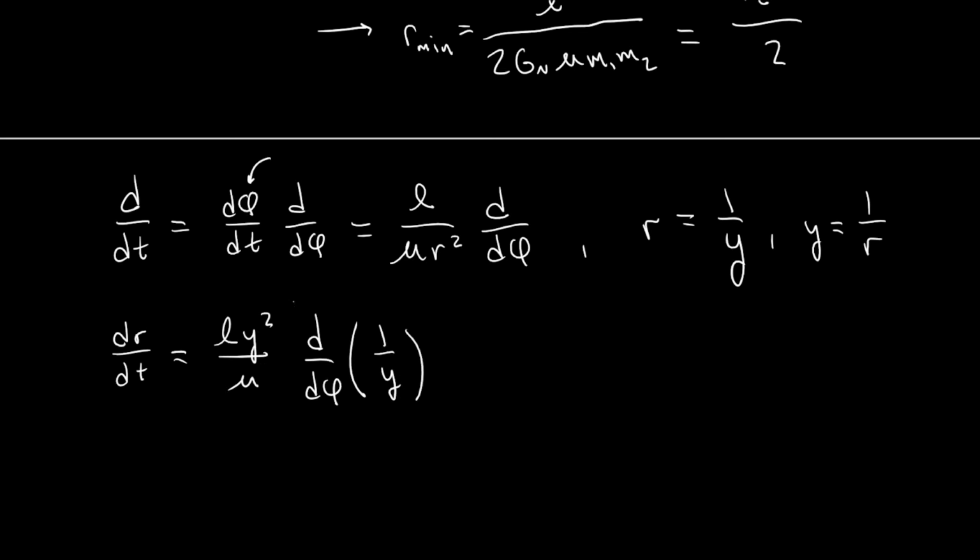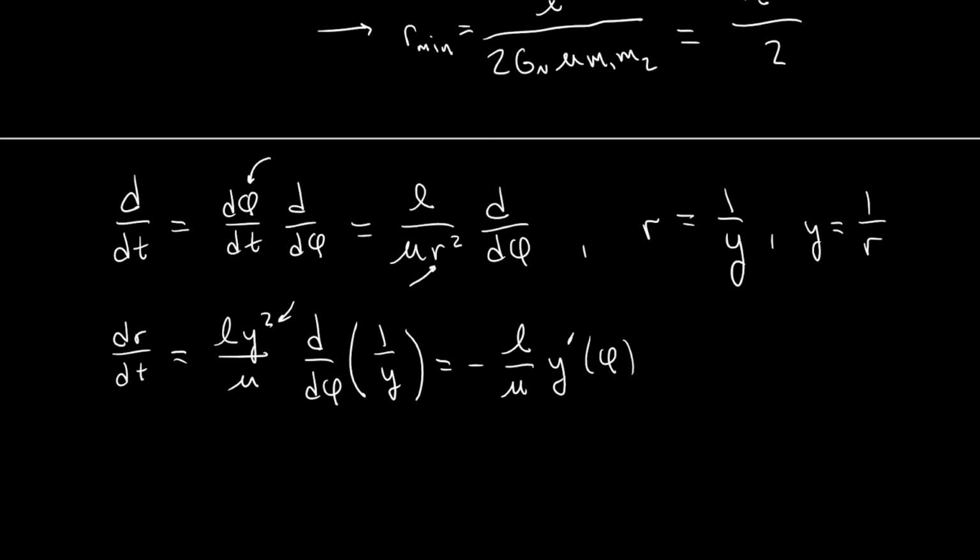Right, this guy here is coming from this 1 over r squared there. And this, of course, I can simplify nicely, minus L over mu y prime of phi, where now prime is a derivative with respect to phi.